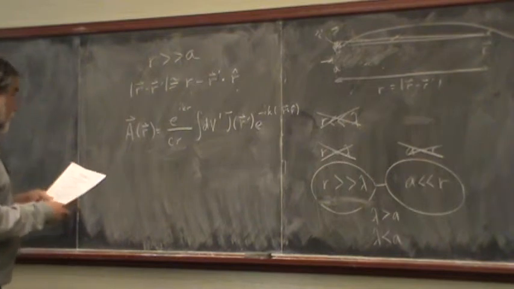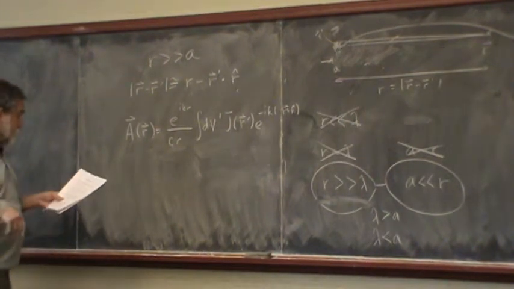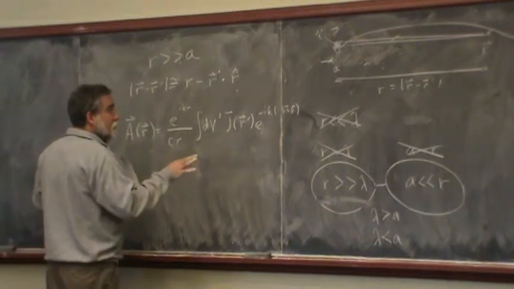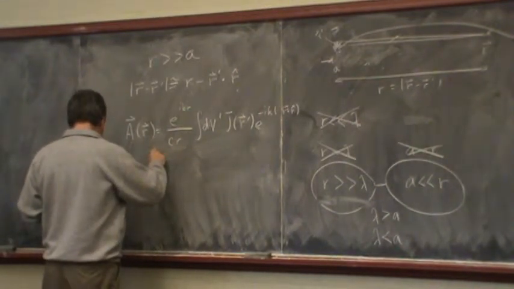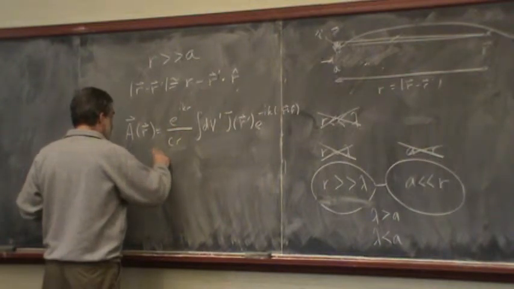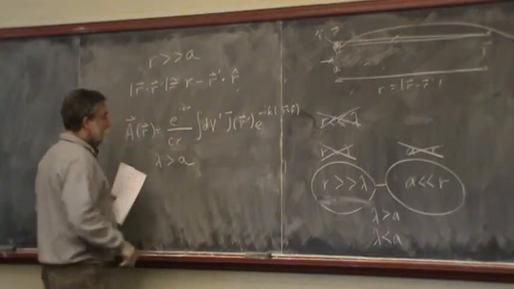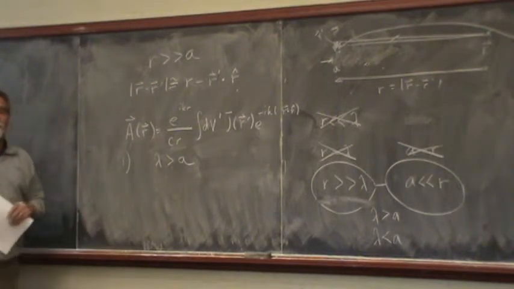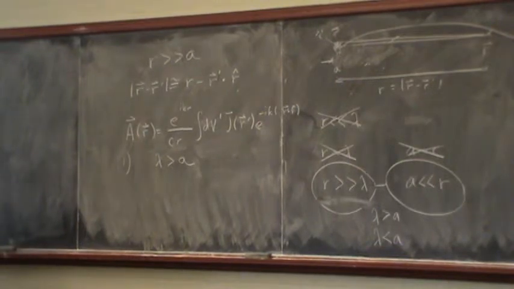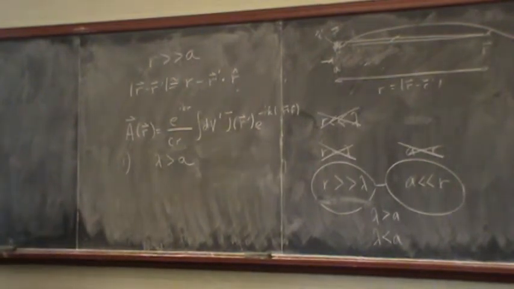And one more. So what I'm going to do to start off with is work with the approximation where the wavelength is large compared to the size of the system. I'm up to like case 6, I think, but I'm going to call that case 1 right now.